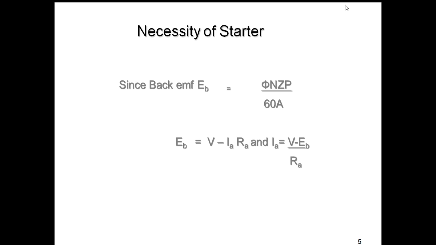We also know that EB is equal to V minus IARA, where V is the applied voltage and IA is the armature current, and RA is the armature resistance.